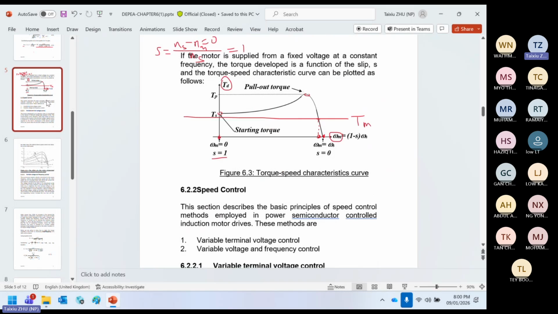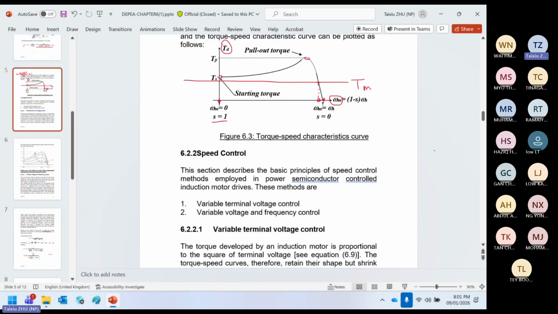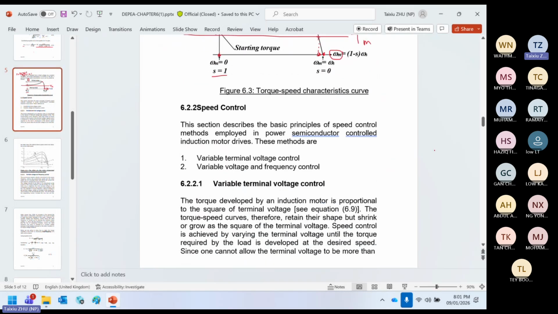So basically we covered the basic motor principle, but actually it's very little. In the motor study, the induction motor theory actually needs 3 to 4 lessons to fully cover. Never mind.